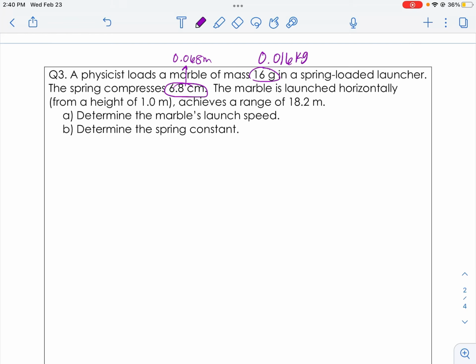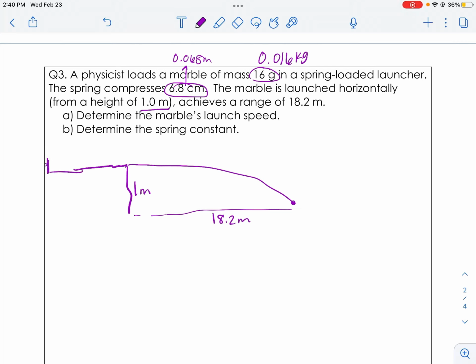The marble is launched horizontally from a height of 1 meter, and it lands 18.2 meters away. So we've got this spring here. It launches the marble that way. Determine the marble's launch speed and determine the spring constant.